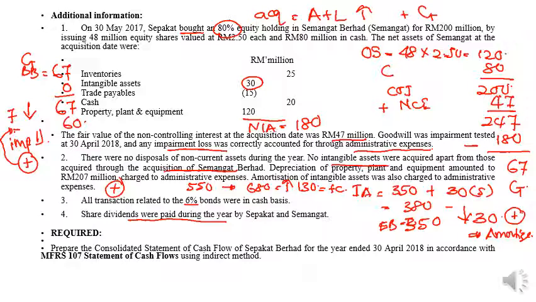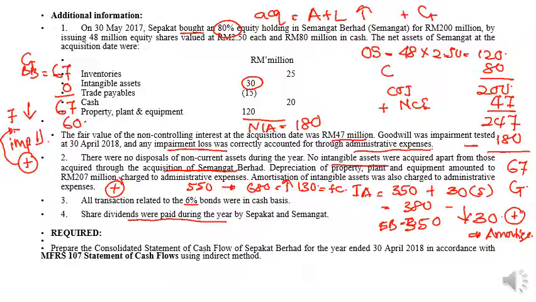So we need to look at your 6% bond. For the 6% bond, beginning balance we have 550. Now the ending balance becomes 680. So there is an increase by 130. An increase in liability means that you're going to add to your cash. Okay, and then share dividends were paid during the year by both Sepakat and Semangat.